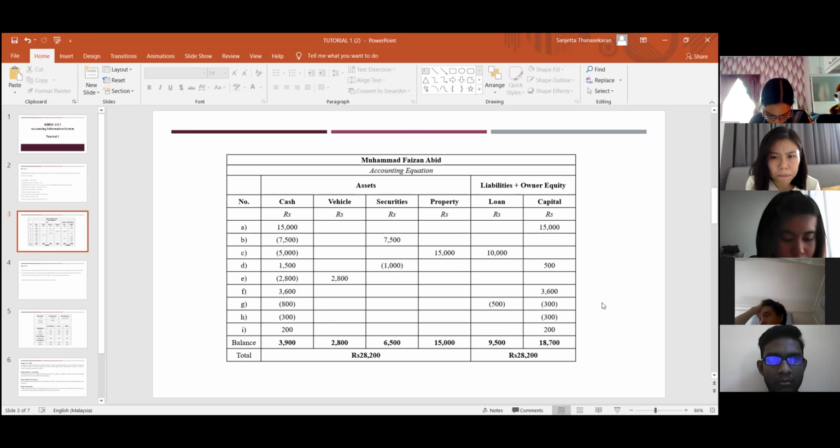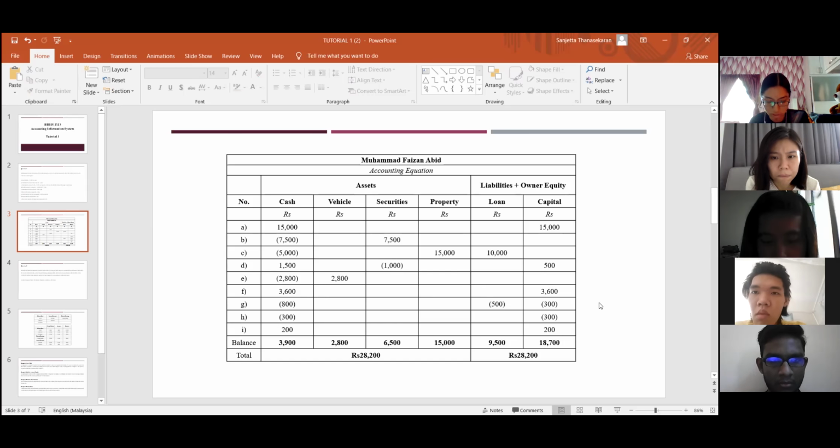H, pay cash for expenses 300. So the cash we deduct 300 and capital also deduct 300. The last one is receive cash for dividend on security 200. So receive cash, we add 200, and then in capital also 200. So the total in asset is 28,200 and is equal to liabilities plus owner equity 28,200.